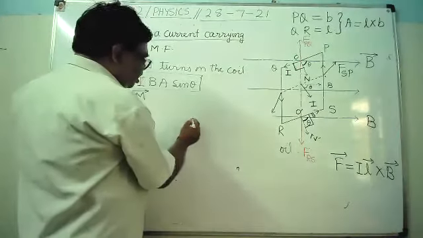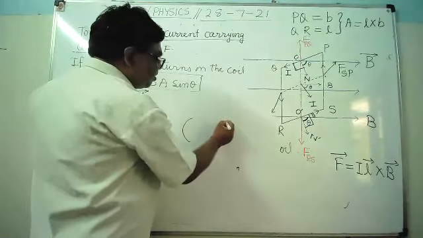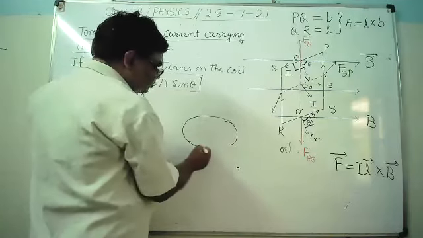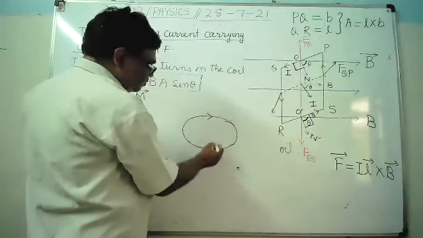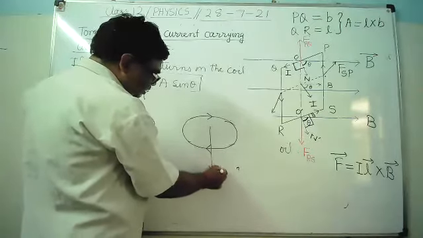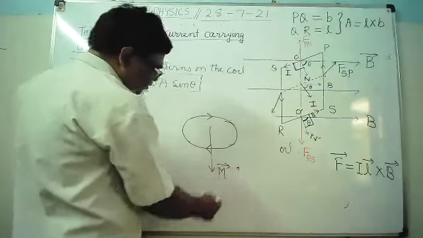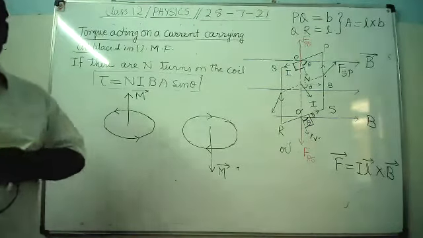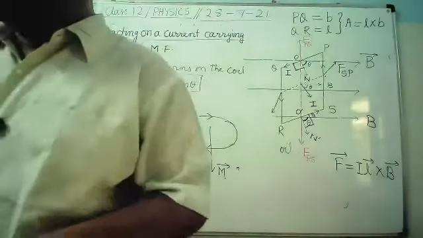And suppose the direction of current is clockwise, then magnetic moment will be this. So this way you can determine the direction of magnetic moment.